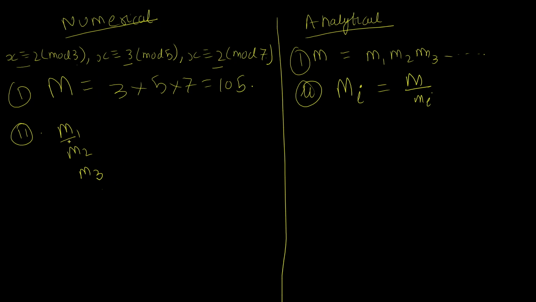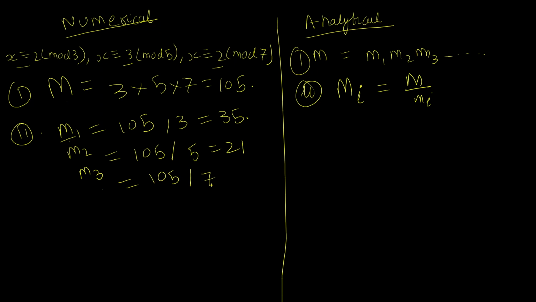So when I'm calculating M1, I want to take the total modulus factor M, 105, and divide it by the current modulus, 3, and this gives me 35. Similarly, M2 is 105 divided by 5, which results in 21. And M3 is the same 105 divided by 7 this time, which results in 15. So this is M1, this is M2 and this is M3.